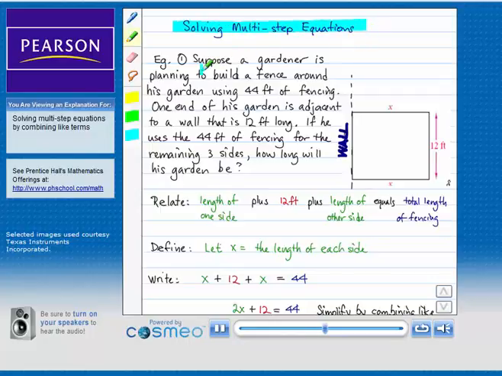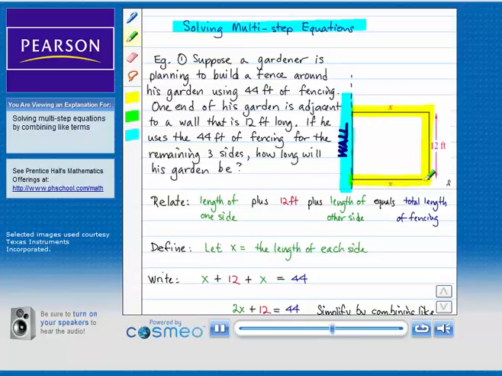Suppose, to begin with, a gardener is planning to build a fence around his garden using 44 feet of fencing material. One end of his garden is adjacent to a wall that's 12 feet long. So we have a wall running along here, and he's simply going to take his fencing material and begin making his fence to make a rectangular enclosure.